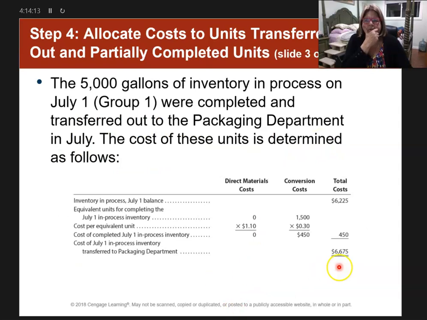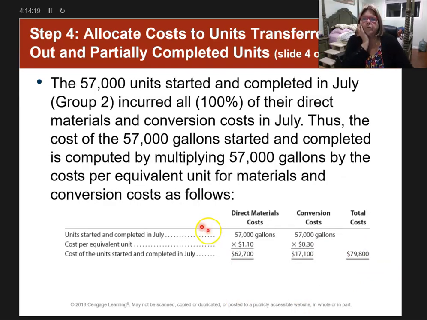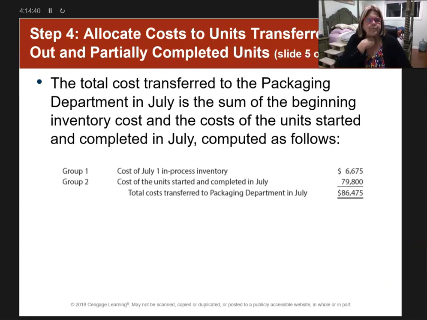When I'm done, my beginning inventory cost is now this. That's group 1. Okay, group 2, always 100% because I start and finish in the same month. I'm going to break it into direct materials and conversion cost, multiply it by those multipliers in step 3, and add it together.